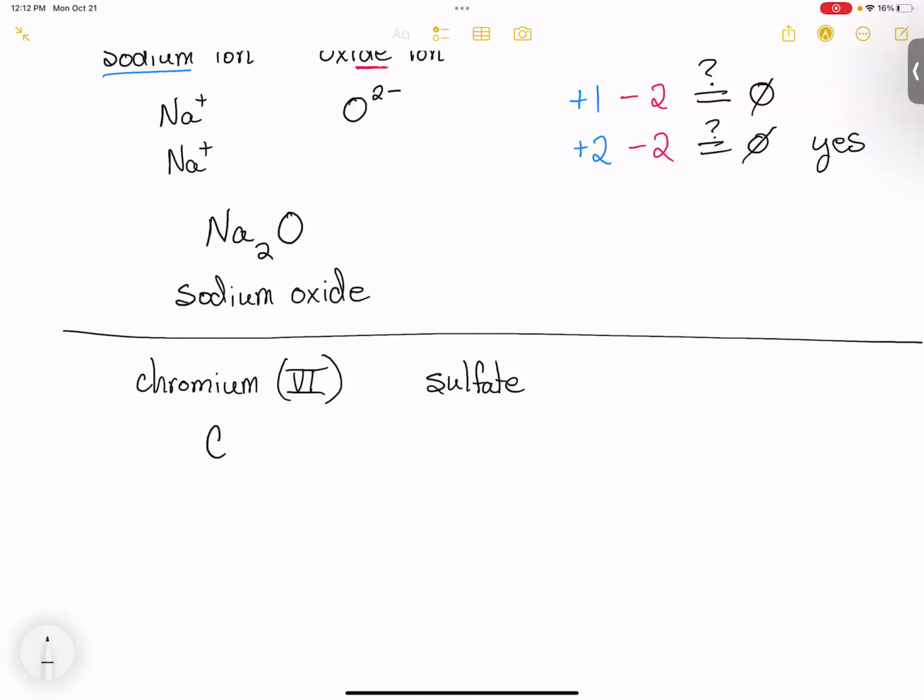Chromium is Cr. And because chromium is not in group 1, it's not in group 2, it's not silver, it's not zinc or cadmium, and it's not aluminum, gallium, or indium, that means it needed a Roman numeral. And what does the Roman numeral tell me? The charge. So on chromium, we're talking about a 6+ charge.